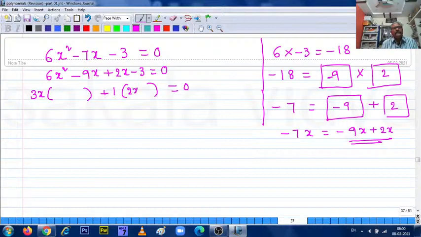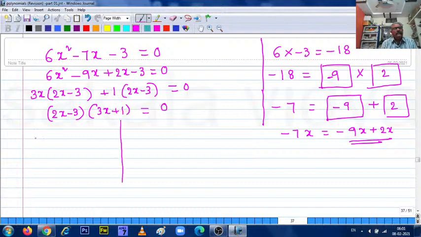Here you write down 2x minus 3. Here very interesting, you get the same 2x minus 3. So from these two, take 2x minus 3 common. We have 2x minus 3 into 3x plus 1 equals 0. Now 2x minus 3 equals 0 and 3x plus 1 equals 0.